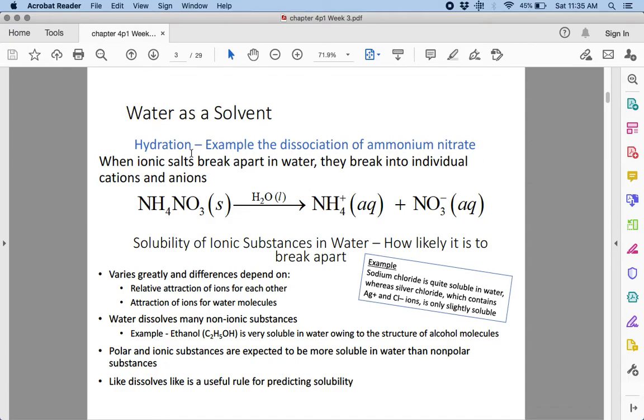So, water as a solvent. What does this look like in terms of a chemical equation? Right? This hydration, right? The dissociation. Here's another ionic salt. We have ammonium nitrate. We know ammonium, this is a positive polyatomic ion, a cation, and that nitrate is a polyatomic anion. Together, when they're outside of water, they're a solid.